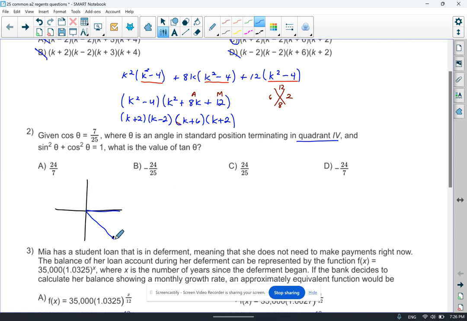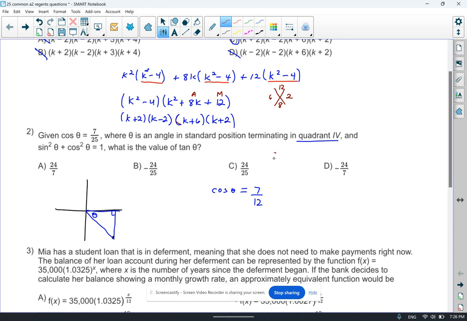And from that point, I'm going to draw a perpendicular line up to the x-axis and form a right angle. Here's my reference angle. And I'm told cosine of theta is 7/25.